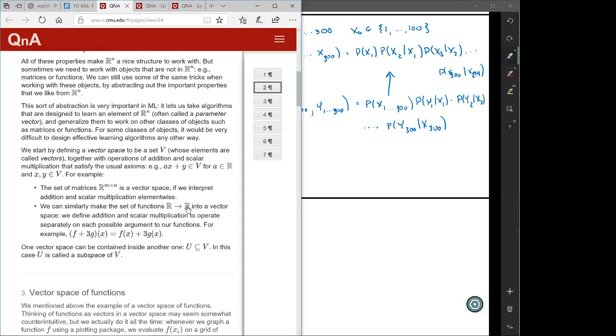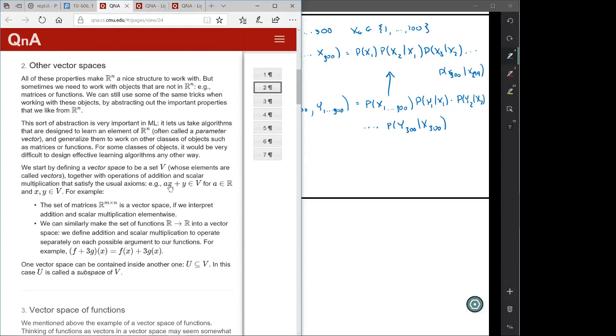And we can, again, define addition and scalar multiplication component-wise. So, for example, if we take the function f plus 3g and evaluate it on x, the way we do that is by evaluating f at x and evaluating g at x and taking the first plus 3 times the second. All right.